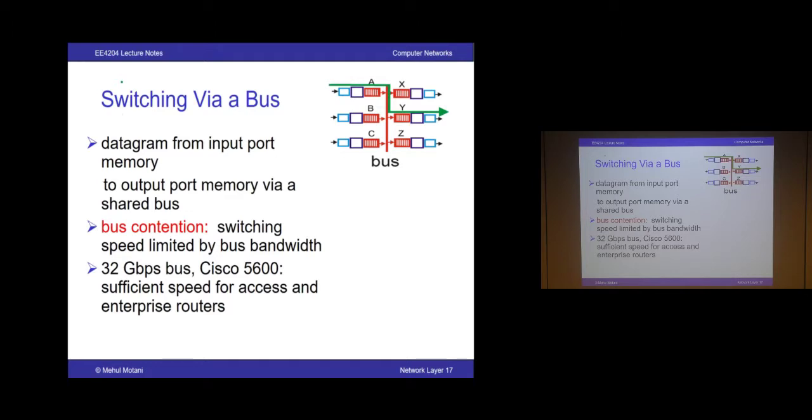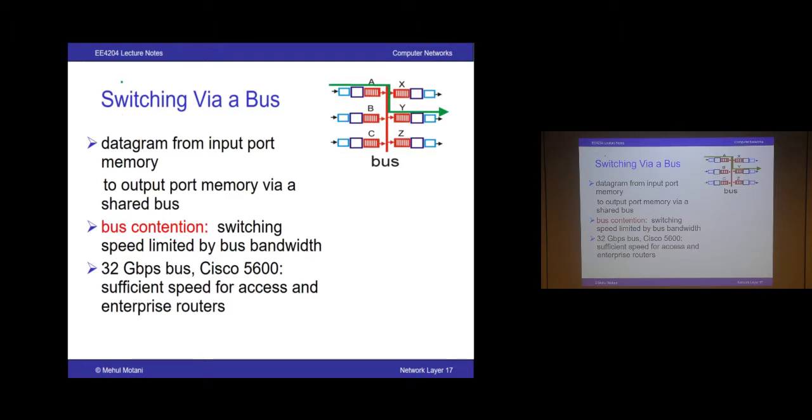It's orchestrated by the processors, but you're still limited by the speed. You can't make 2 transfers at the same time on the bus. You have to coordinate it. It's a scheduling problem. But it's much faster because bus speeds are much faster than reading and writing memory. So you can get about 32 gigabit per second type of processing.